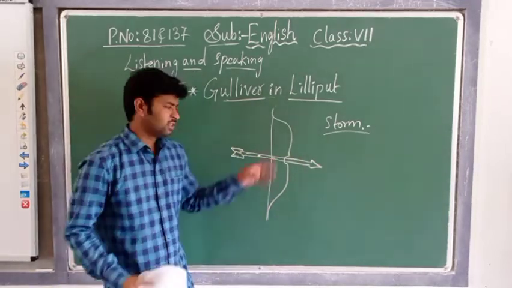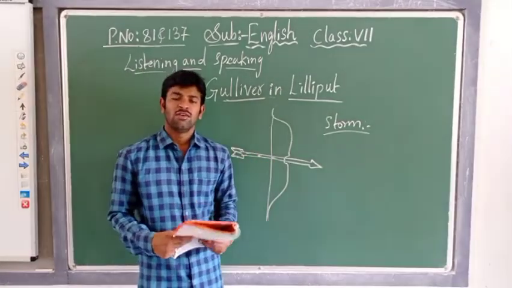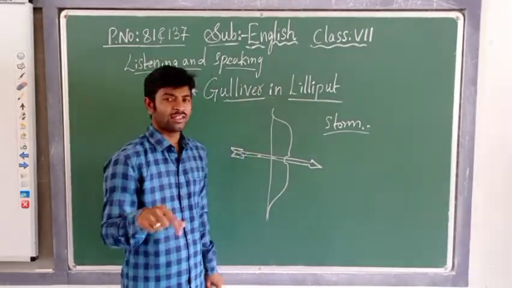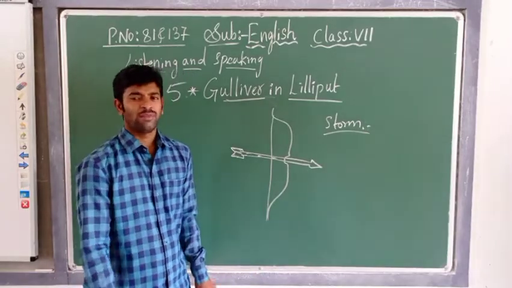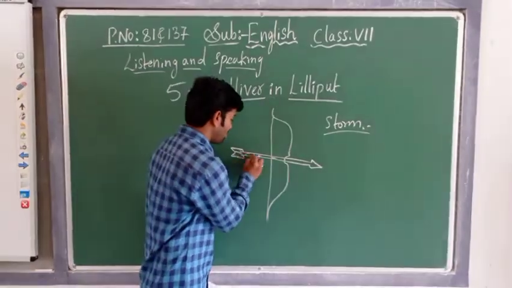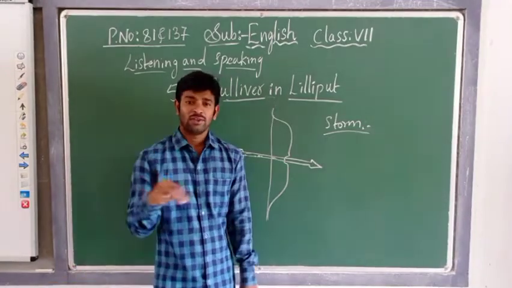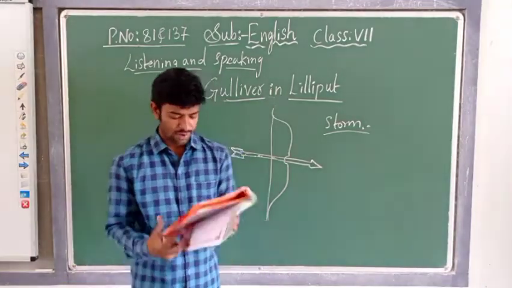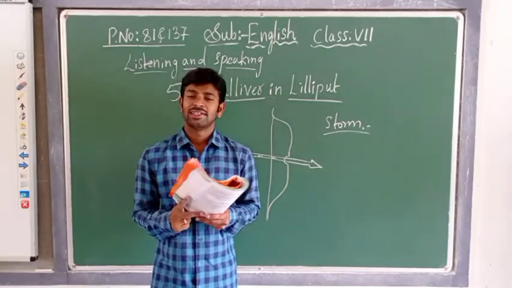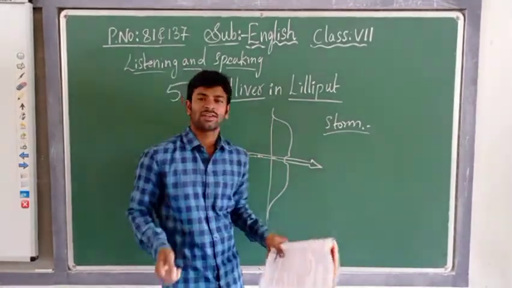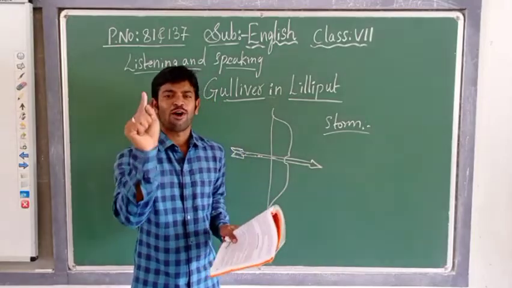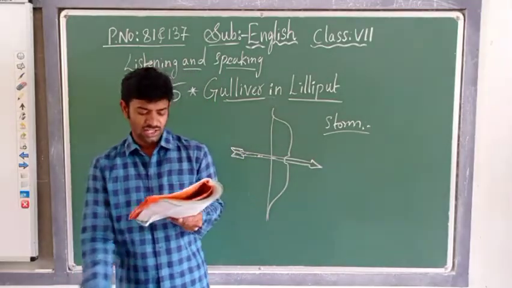When Gulliver raised his hand, they took the bow and started shooting at him. But the arrows did not hurt Gulliver. They were like little pins. They looked like small pins to Gulliver, children.